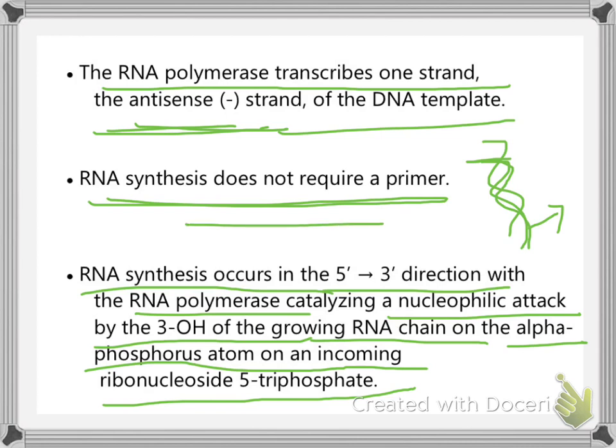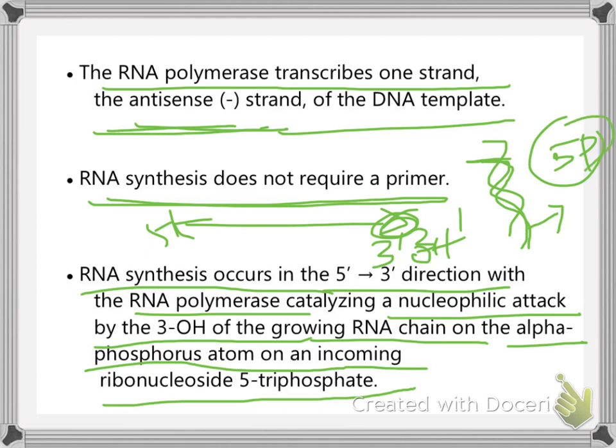That is, synthesis is always in the 5' to 3' direction, and it is catalyzed by the enzyme RNA polymerase. There, at the growing end, there will be a nucleophilic attack by the 3' OH of the growing RNA chain on the 5' alpha phosphate of the incoming ribonucleoside 5' triphosphate.